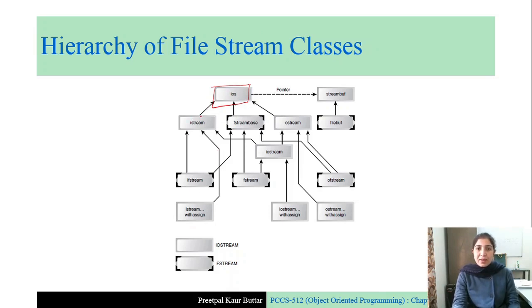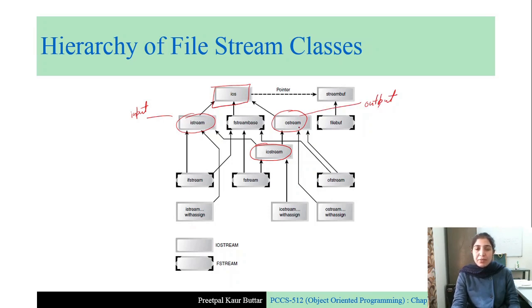For example, here we are deriving istream, the input stream, and ostream, that is the output stream, and we are also deriving iostream. istream is used for handling the input which is not from the disk files but from the keyboard. Similarly, ostream is used for handling the output which is going to the display device.